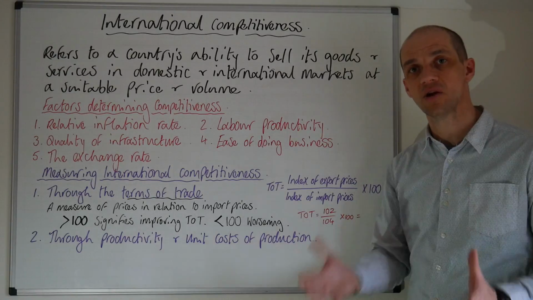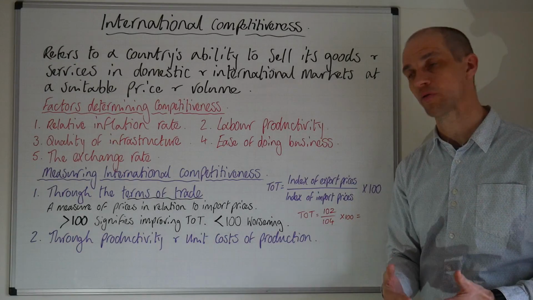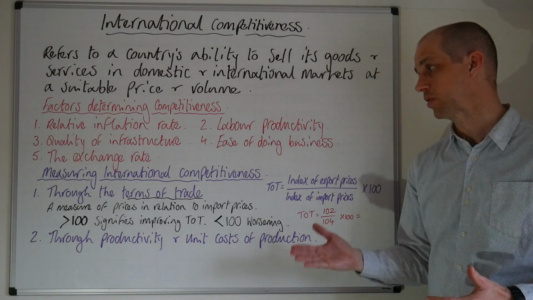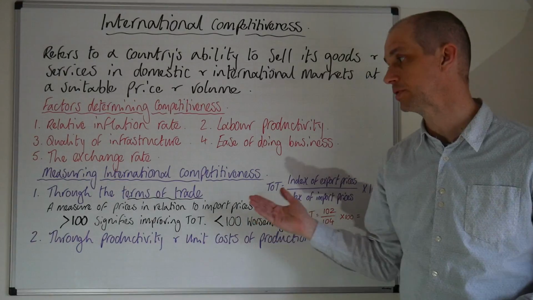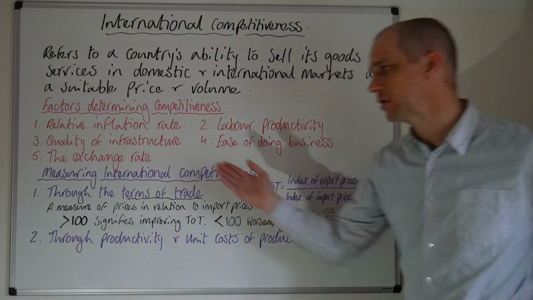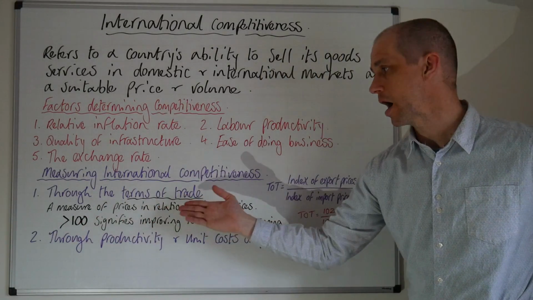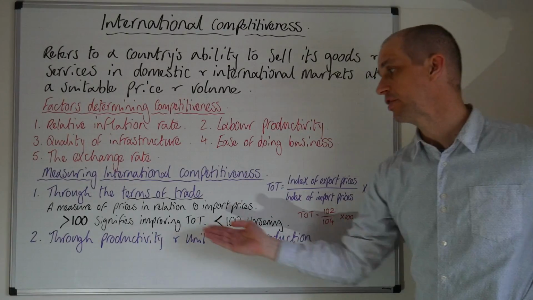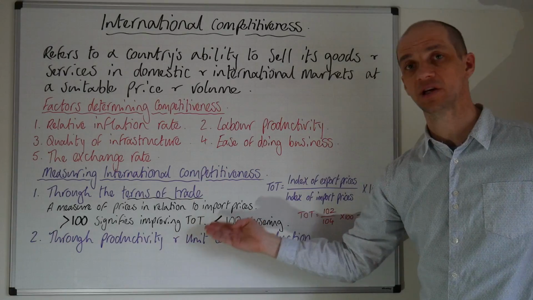It's a nice simple one to work through, and it's possible you might get a multiple choice question on this in your economics papers. If your terms of trade is greater than 100, then it signifies an improving terms of trade.